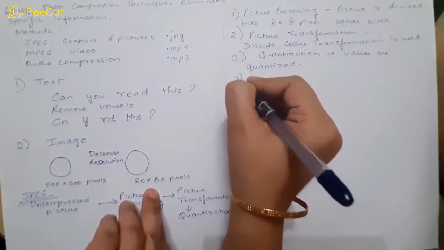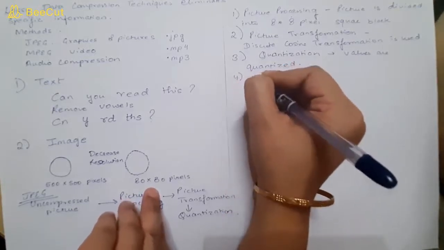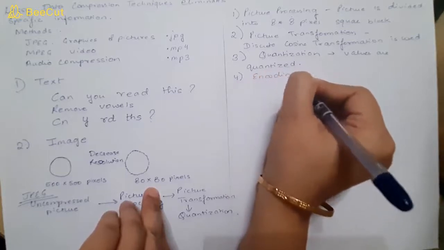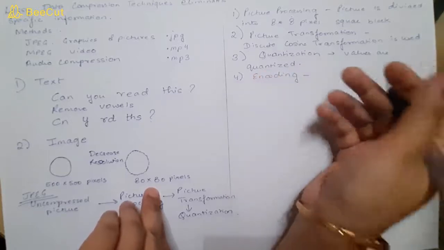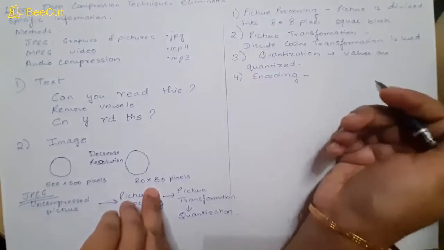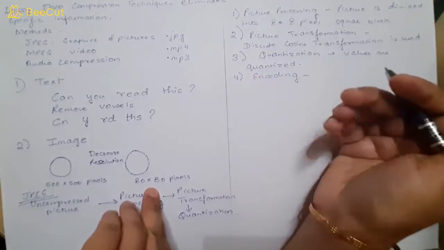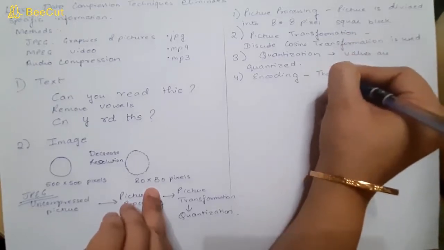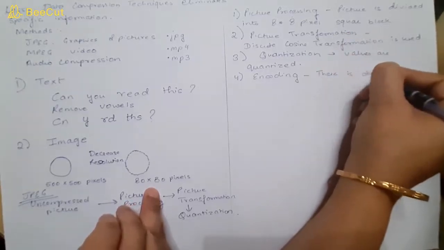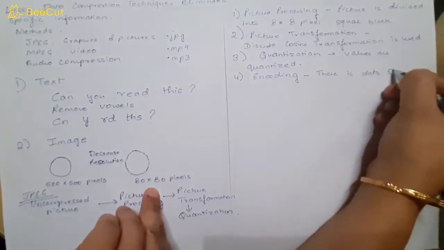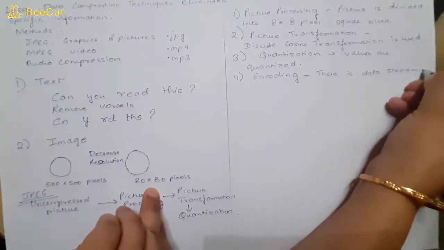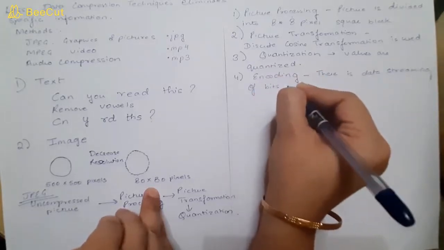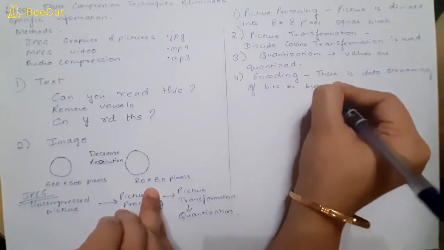Now the fourth step says that you have to perform encoding. Basically, when you have quantized the values of each block, in the last step you have to provide a data stream in the form of bits or bytes in a sequential way.